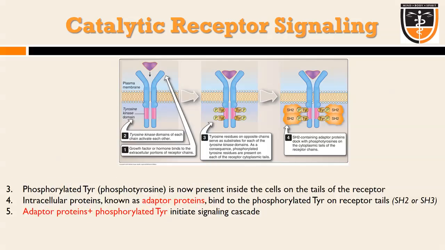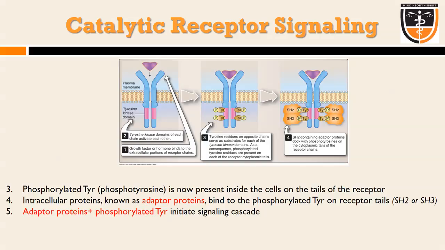Next, we now have phosphorylated tyrosine present inside the cells on the tails of these receptors. Now what do they need to do? They need to bind to adapter proteins, okay? These adapter proteins will bind on phosphorylated tyrosine and on a secondary messenger molecule, so they will be the ones who form that bond.